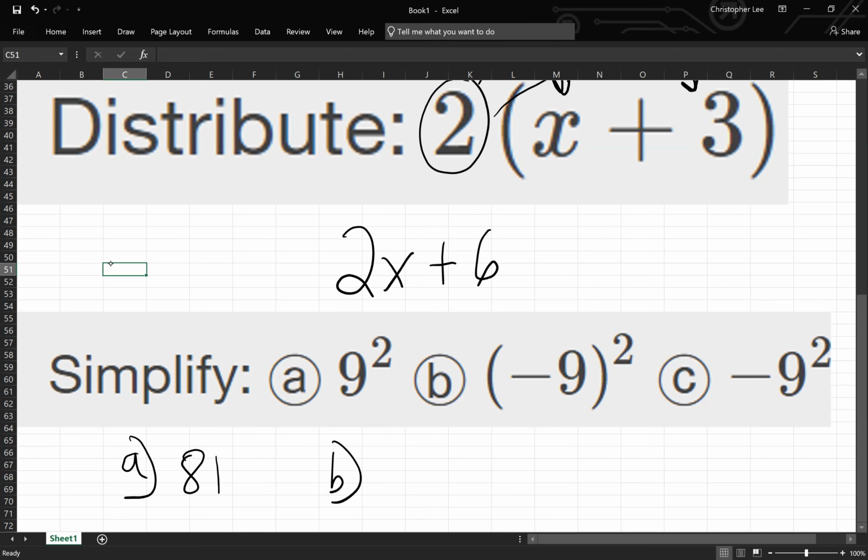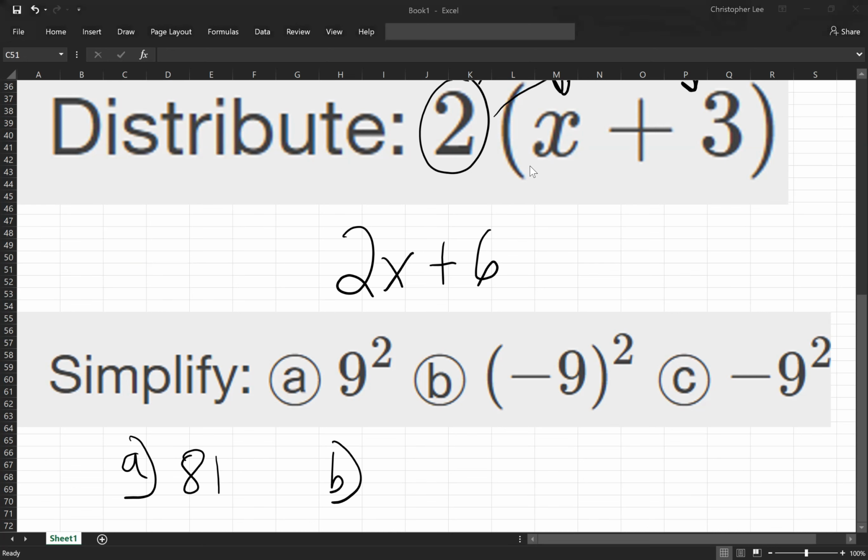Now check this out. B. All right, this is about to get interesting. What is negative 9 squared, in parentheses?